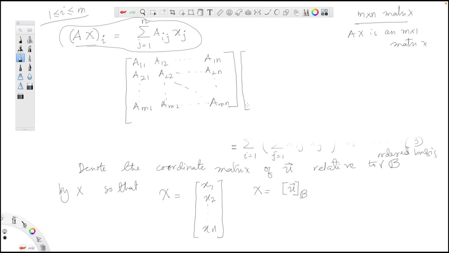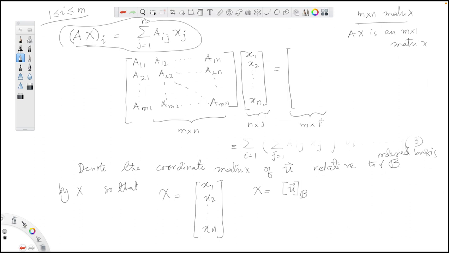Now I multiply it with the matrix X. There are n entries here because it's an n times 1 matrix. This is m times n, this is n times 1, so the result is a column vector, m times 1.